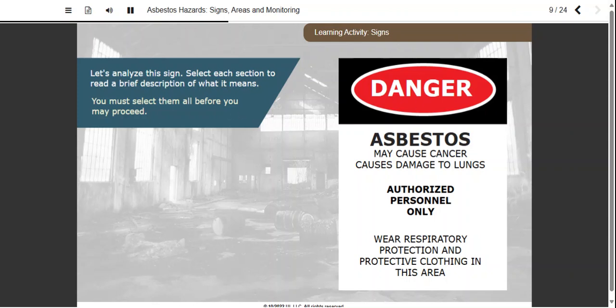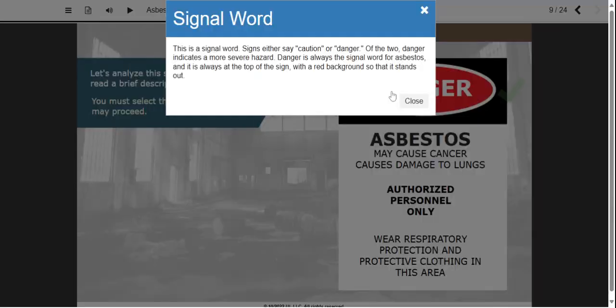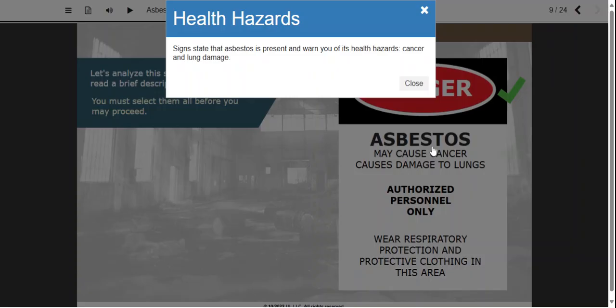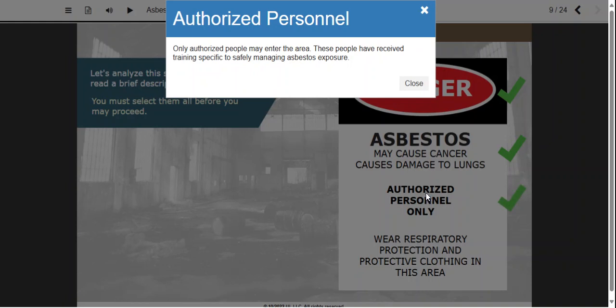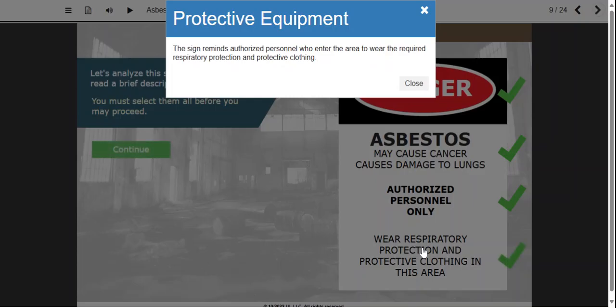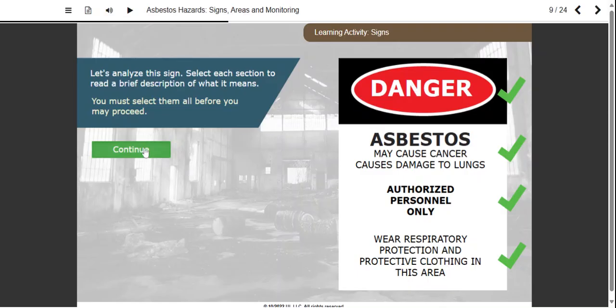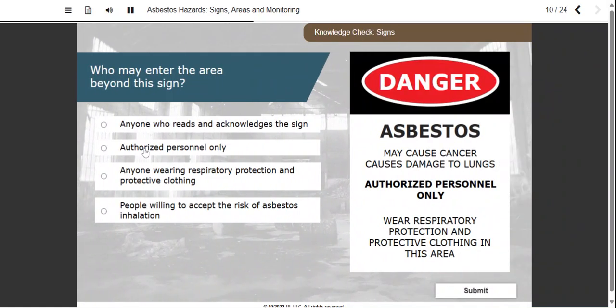You must select them all before you may proceed. Who may enter the area beyond this sign?